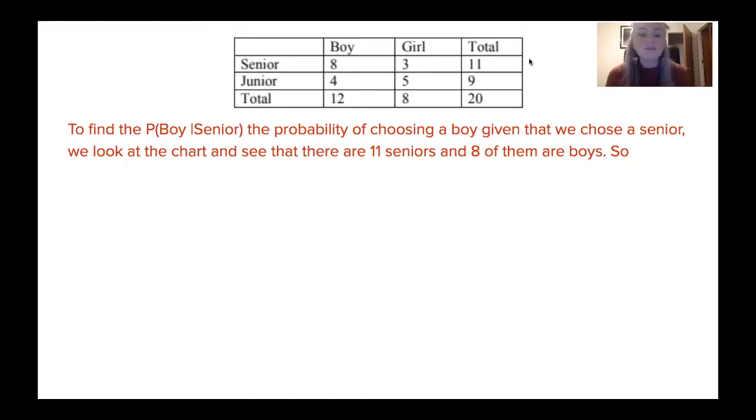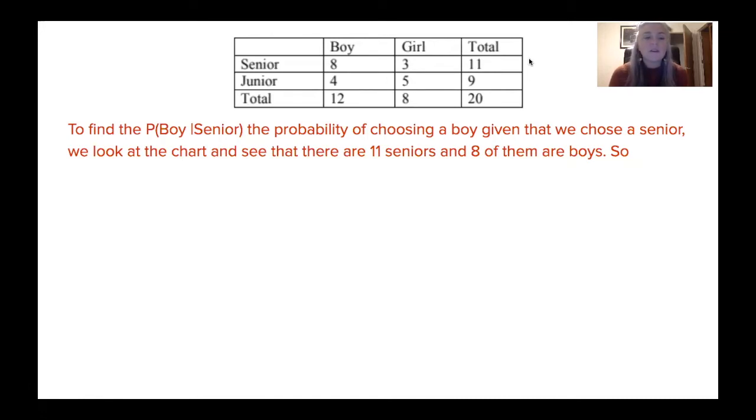Okay, so here's the problem. We've got this table of seniors and juniors and boys and girls, and we want to find the probability of a boy given that it's a senior. That's how it's said: a boy given that there's a senior.